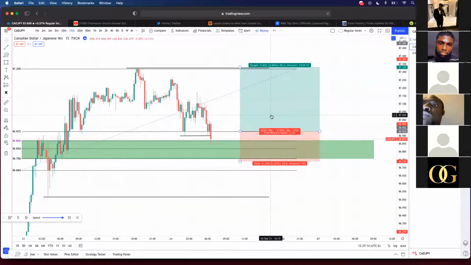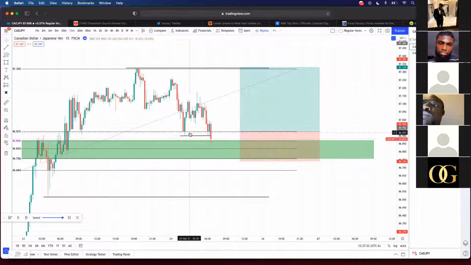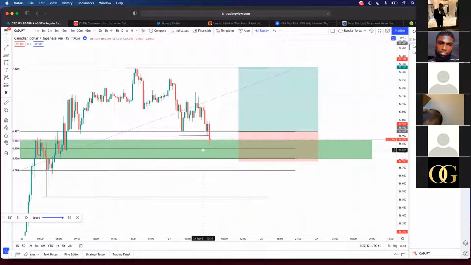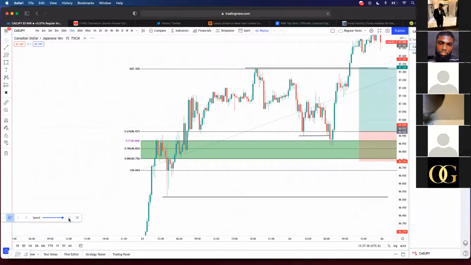You see, this was a 1 to 2 trade. As soon as I saw this happen, family, I'm looking for the first sign of bullishness.